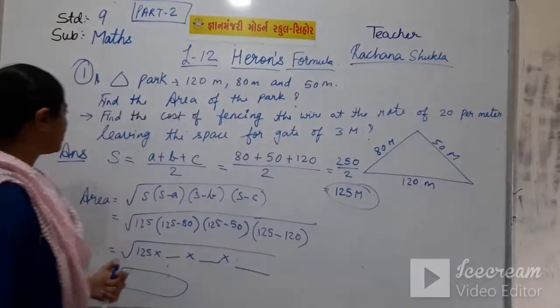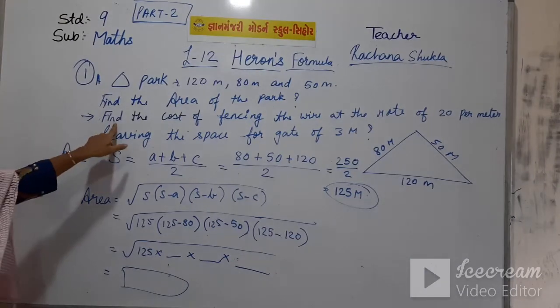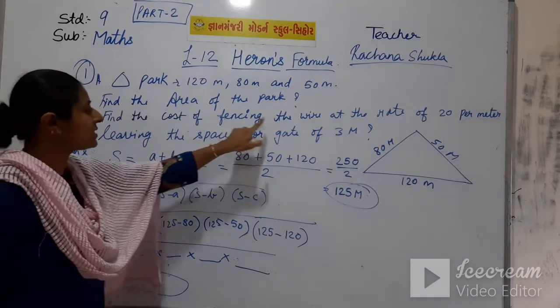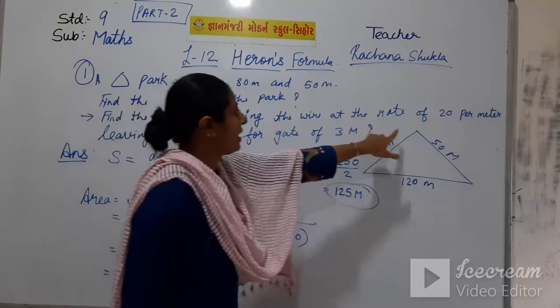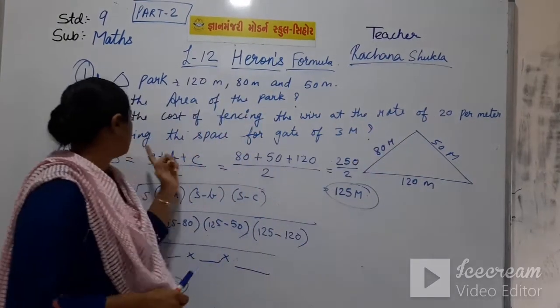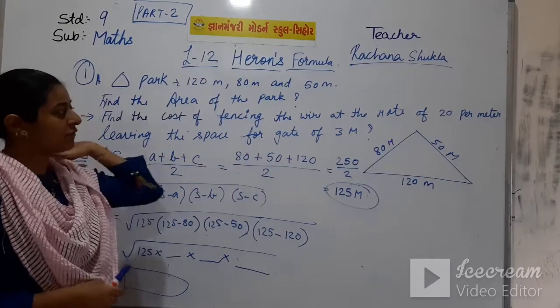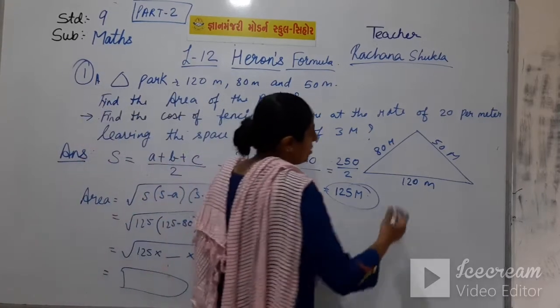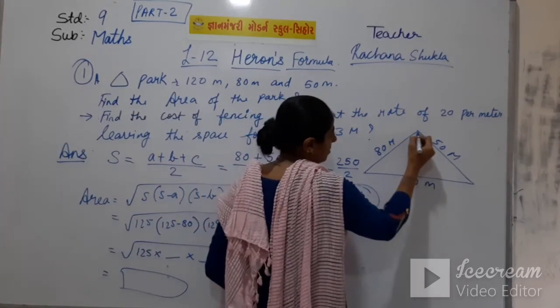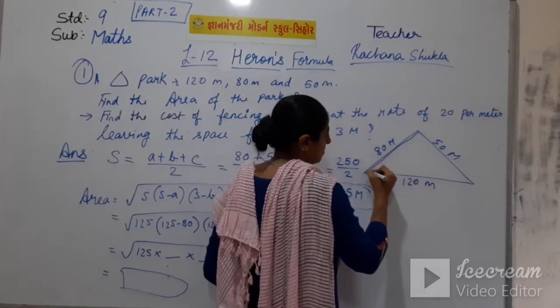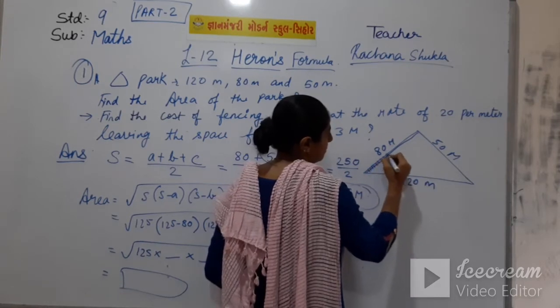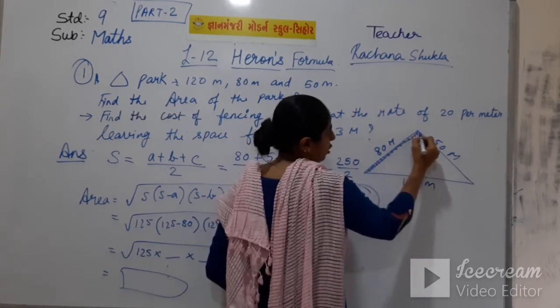Now the second question. The second one is find the cost of fencing the wire at the rate of 20 per meter, leaving the space for gate of 3 meter. That means you have to fence a wire here, in the boundary of the park.